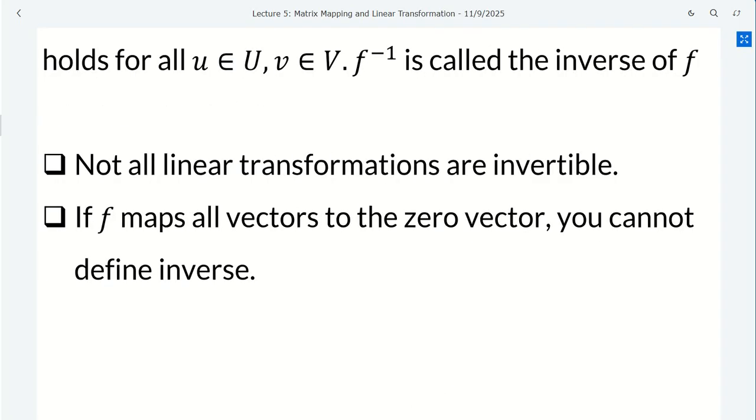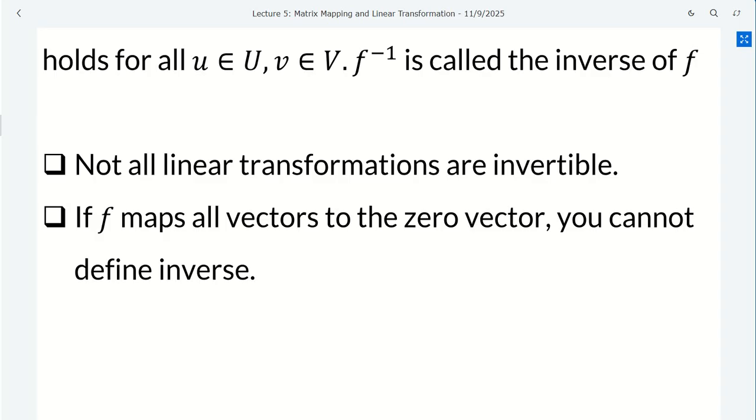Now, we saw earlier on that not all linear transformations are invertible. When we dealt with matrices, we saw that if the inverse of a matrix exists, we say it is non-singular, or invertible. So not all linear transformations are invertible. That means when you get zero, it's not invertible.